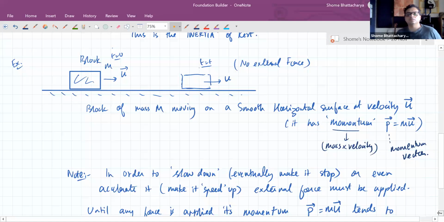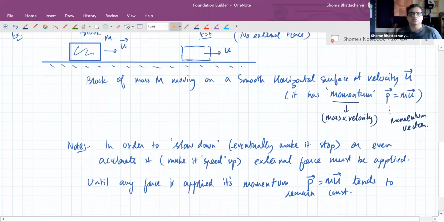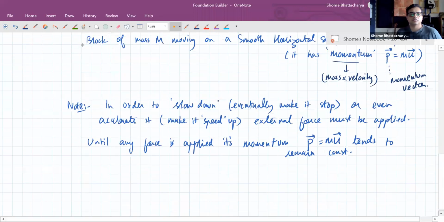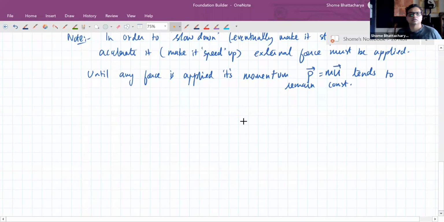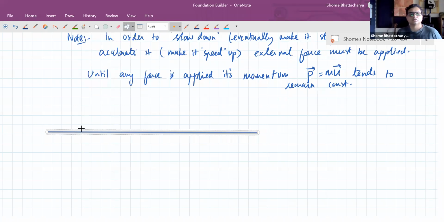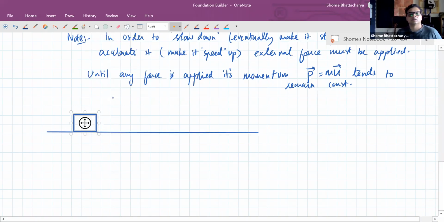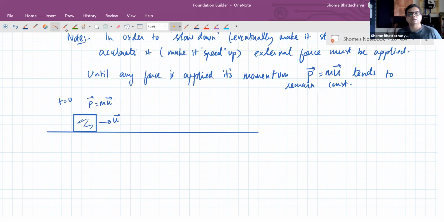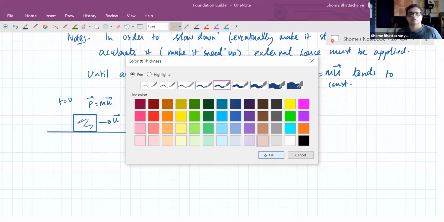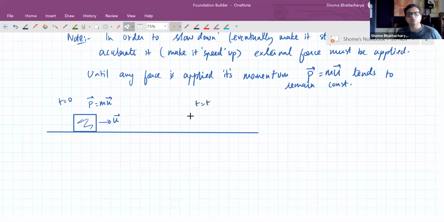Whereas if we want the body to slow down, initially it had a momentum of m into u, because it's moving with velocity u at t equal to 0. But by the time t equal to t, we want the body to be slowed down, its momentum reduced.